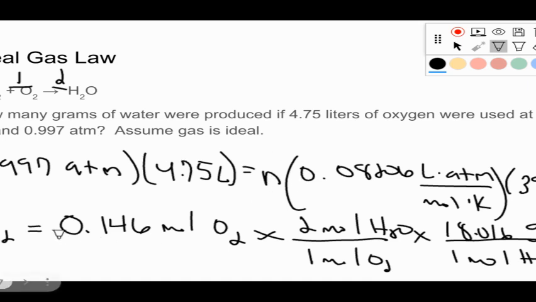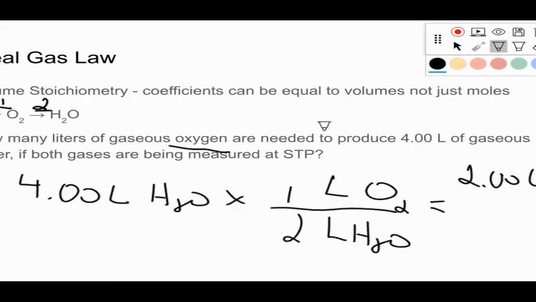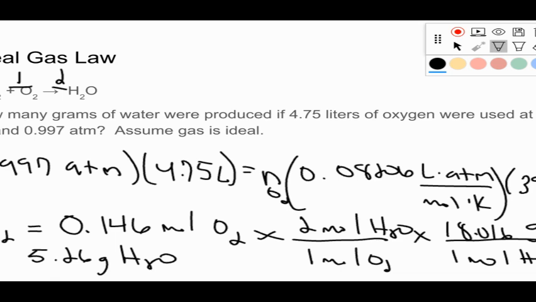And so my grams is going to come out to 5.26 grams of H2O. So first I had to use my ideal gas law, and I solved for my moles of O2. Then I had to do conversions to get to my grams of H2O. So again, I had to use stoichiometry, but this one was different than my previous one. It just depends on what's given and what it's asking for.